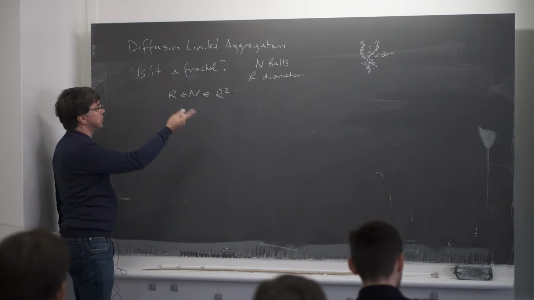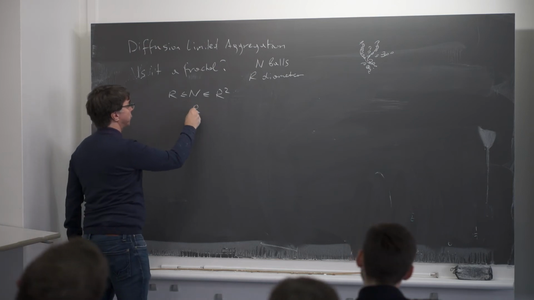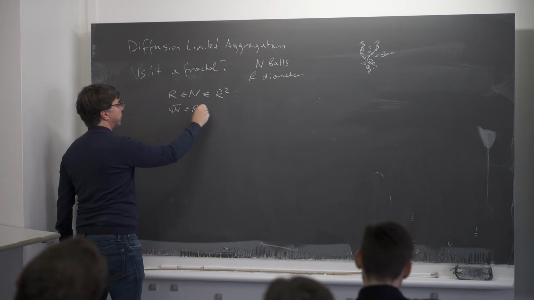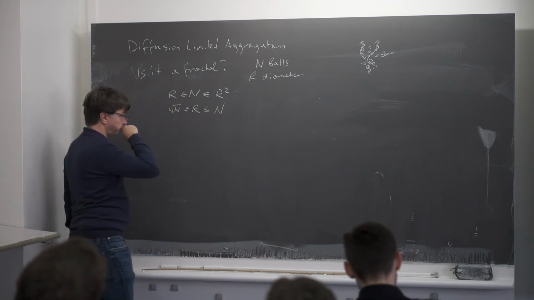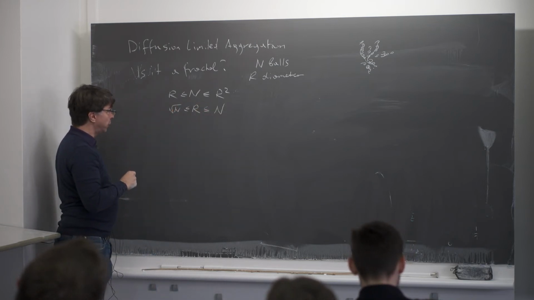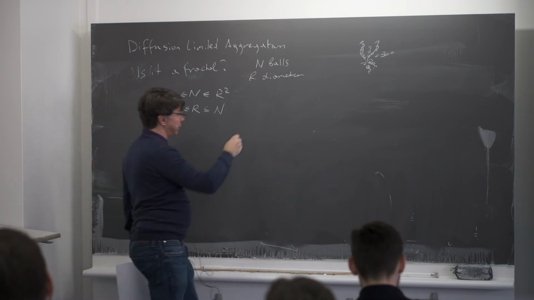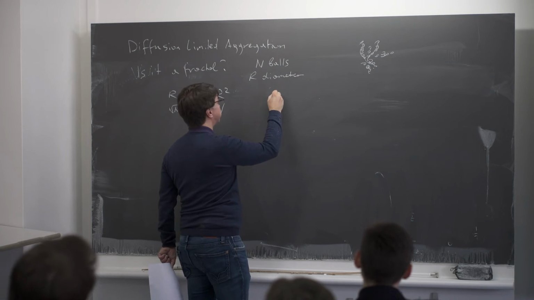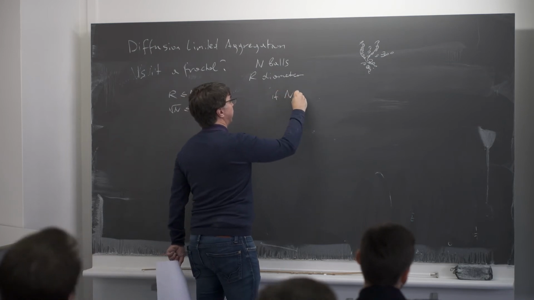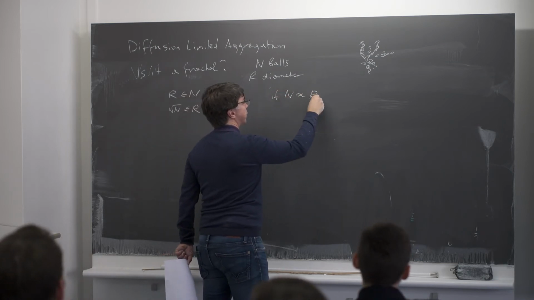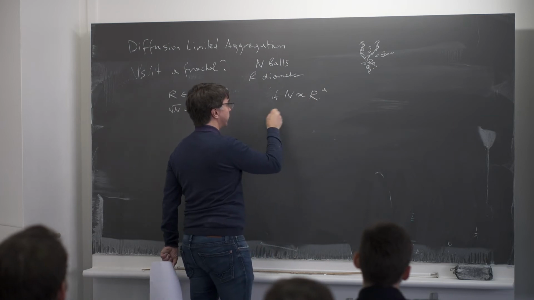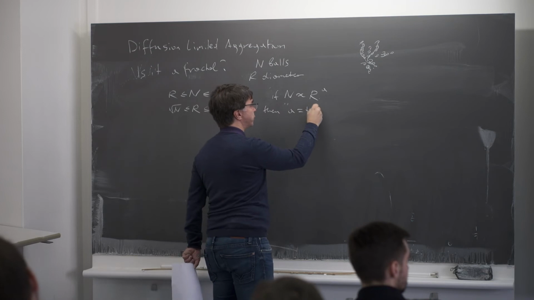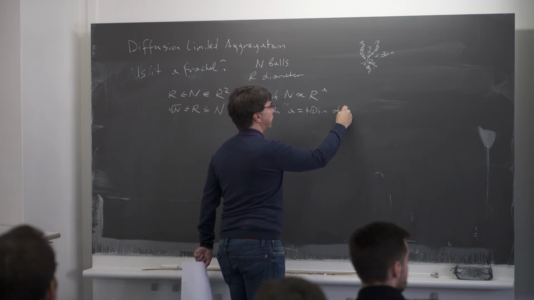Now, if you put it the other way around, you can say that r is at least the square root of n and at most n. So basically, well, fractional dimension. If n is approximately r to the power a, then a is the Hausdorff dimension of DLA.